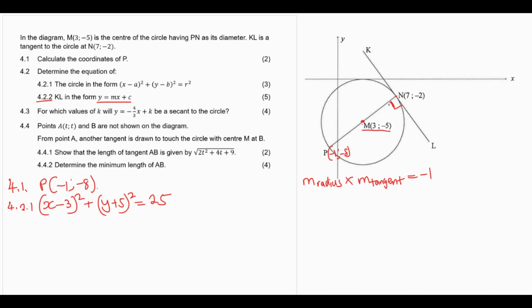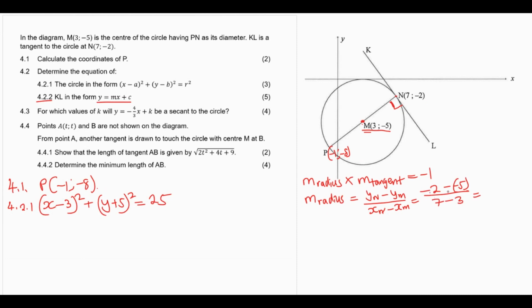Now we can find the gradient of the radius because we have point M and N there. We can use these 2 points to find the gradient of the radius. Let's find the gradient of radius. Gradient of radius is equal to, let's say, y at N minus y at M divided by x at N minus x at M. So meaning that we have -2 minus -5 over 7 minus 3.